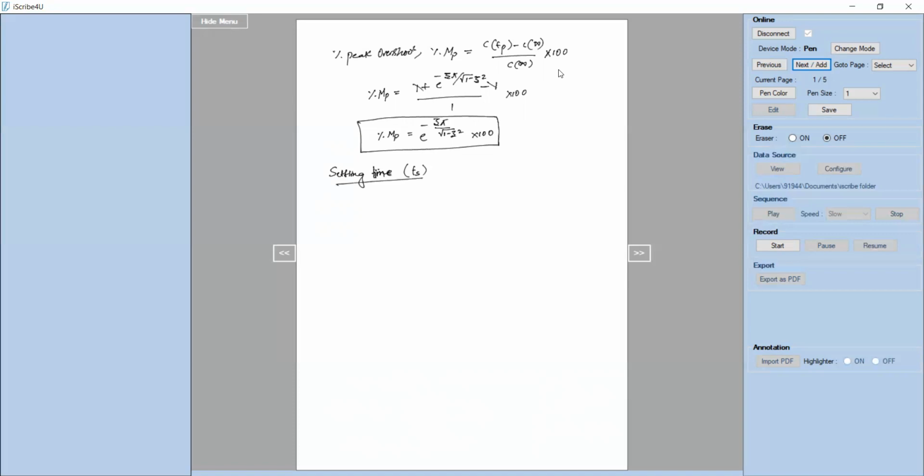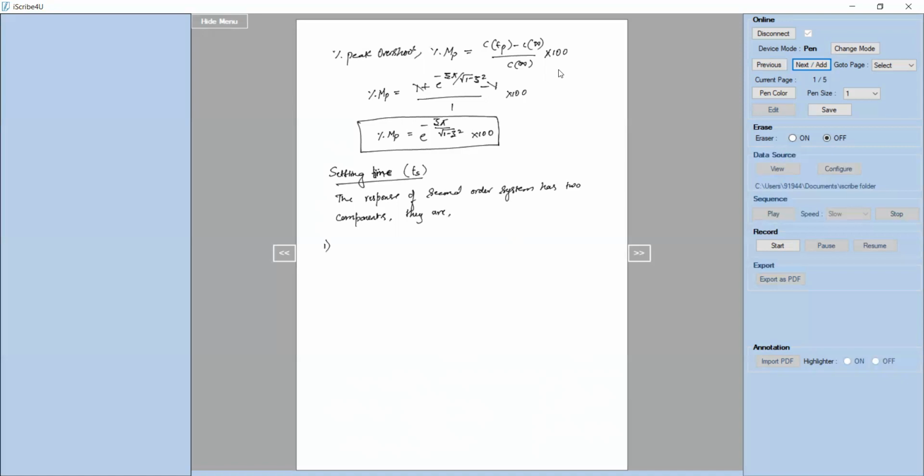The response of a second order system has two components, correct? What are those two components?